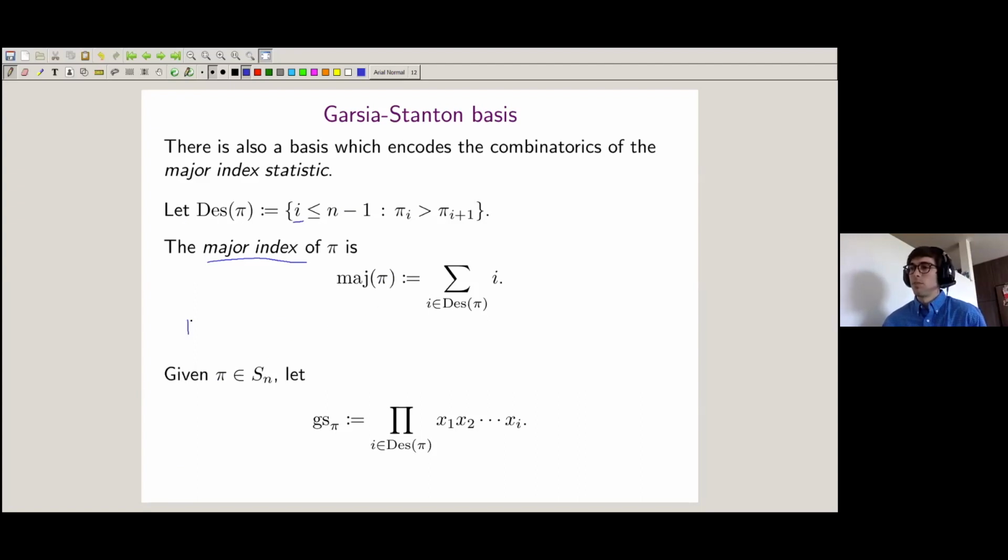So for example, if my pi is 4132, then the first position is a descent, and the third position is a descent. So the major index statistic of pi is 1 plus 3, which is 4.